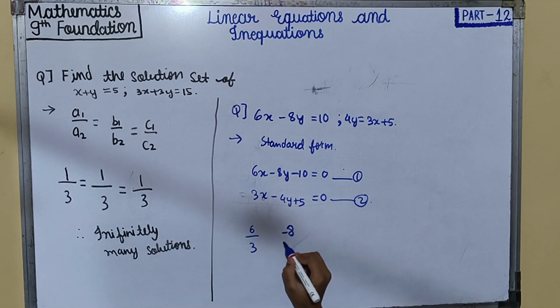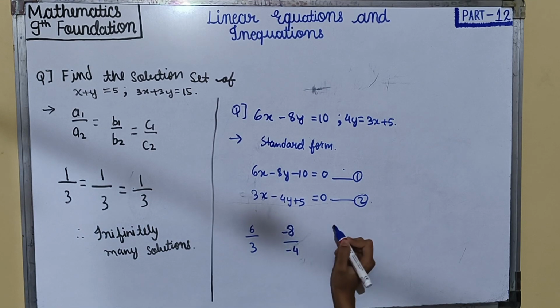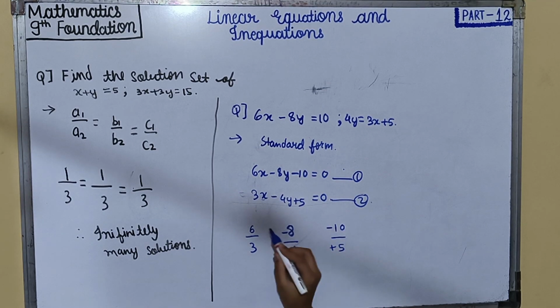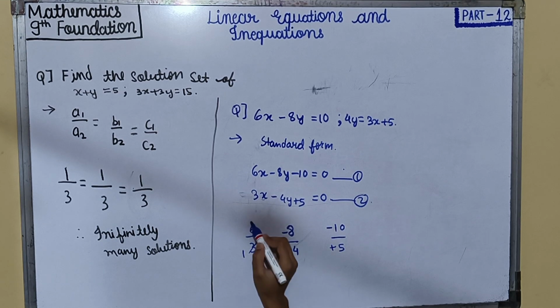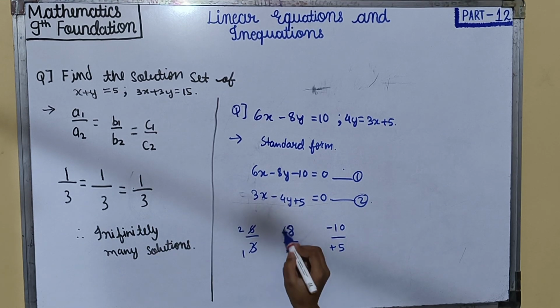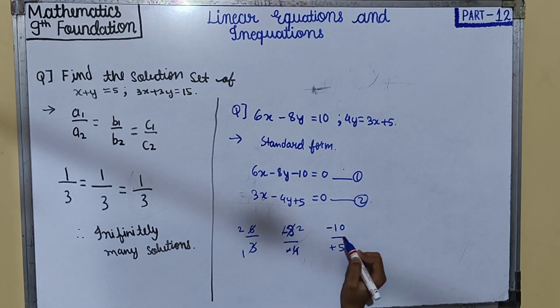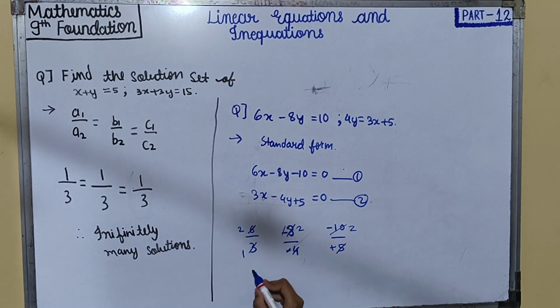So this is -8, this is -4, like this. We can simplify this, we'll get 2 by 1, 2 by 1, and over here -2 by 1.